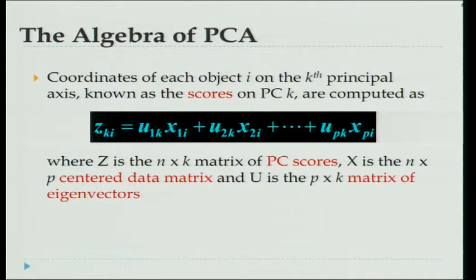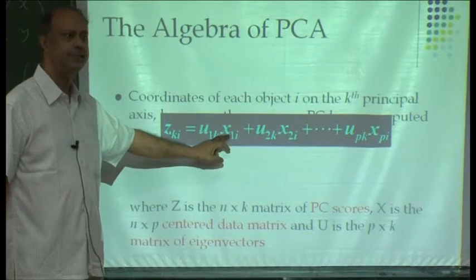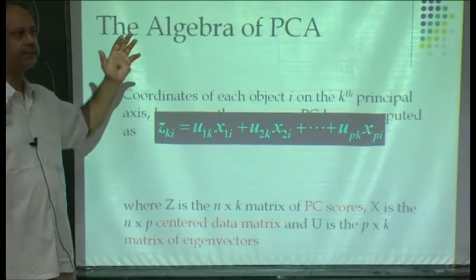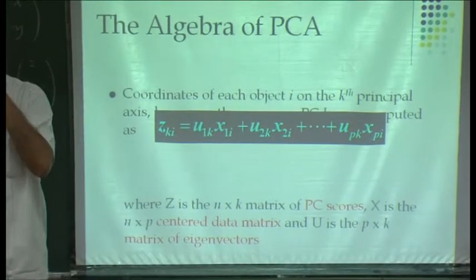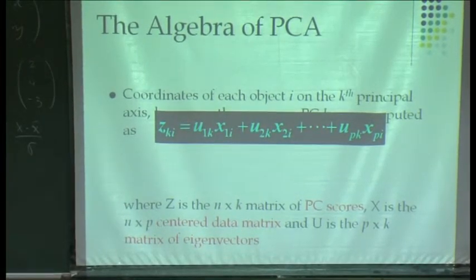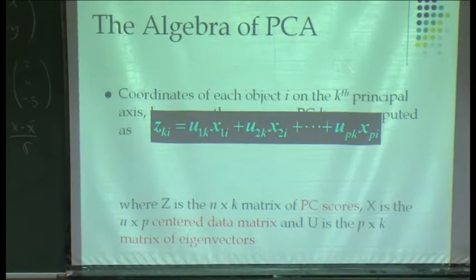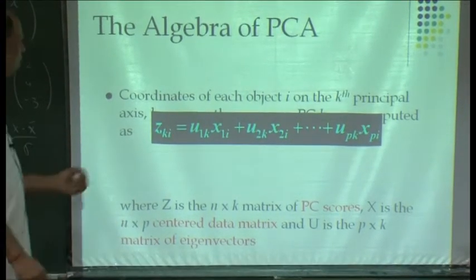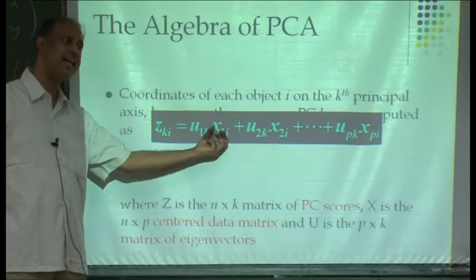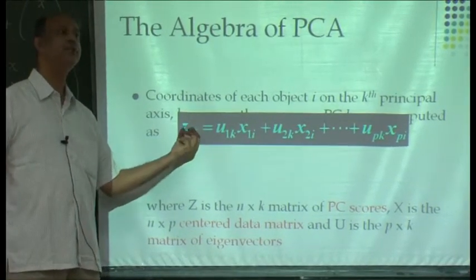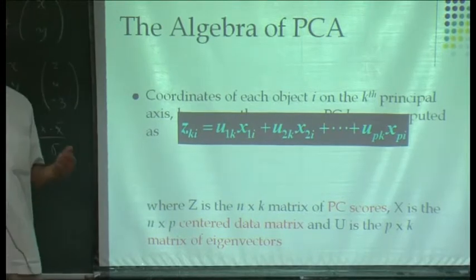Now, X is given to you, X is the whole original matrix, and U is how you obtain the eigenvector, right? So you need to know what the mapping function will be for each X value onto the principal axis, right?